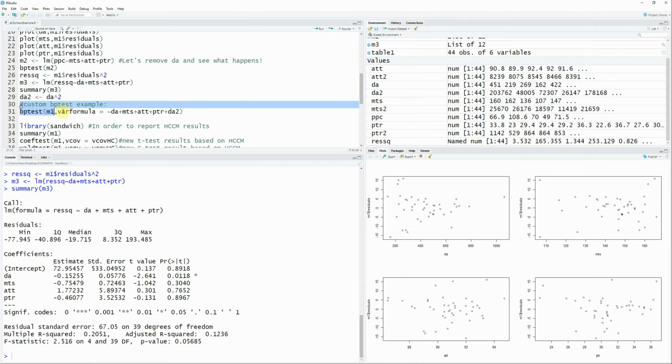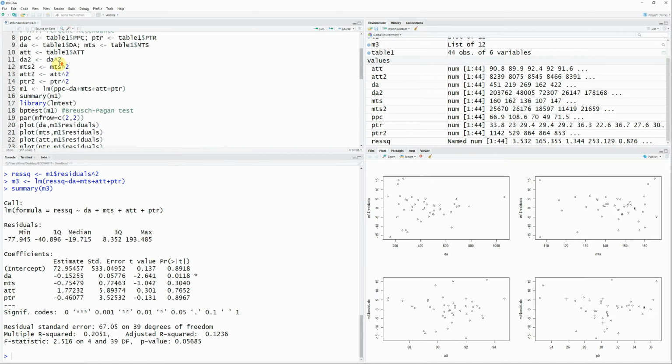Now, this is an example of doing a custom BP test. That is, if you want to have a different specification for the right-hand side of your Breusch-Pagan test, not just the original right-hand side value. So in this case, I'm using DA2.